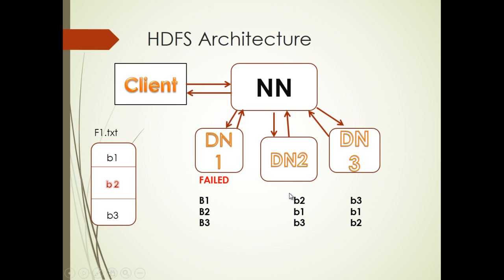There is no data loss. So the concept of parallel distribution overcomes the velocity problem. In this scenario, I can store or process 10 terabytes of data in 10 minutes using this architecture. So the velocity problem got solved.